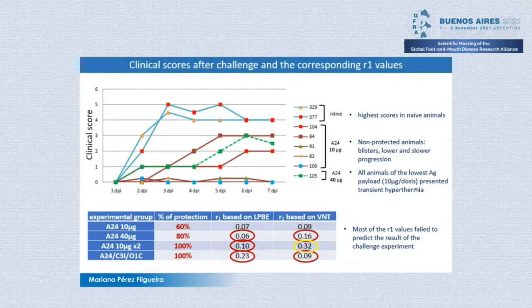Actually, they were very, very low, even when the level of homologous sera was very high. That was one of the recommendations when we were trying to set up a reliable system based on R1. But anyway, 5 out of 8 really failed to predict that, and 1 was really borderline.